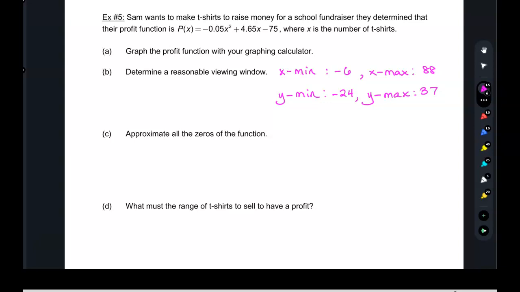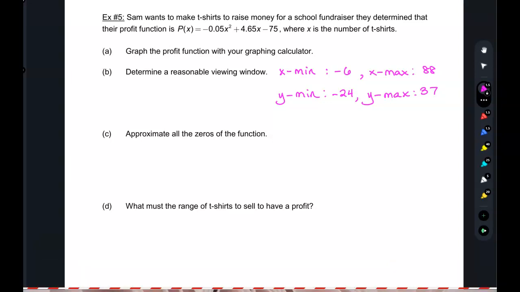Okay, approximate the zeros. There are two different ways to do this: we could do the trace or we could do analyze graph. Zero. I got 21 and a half.